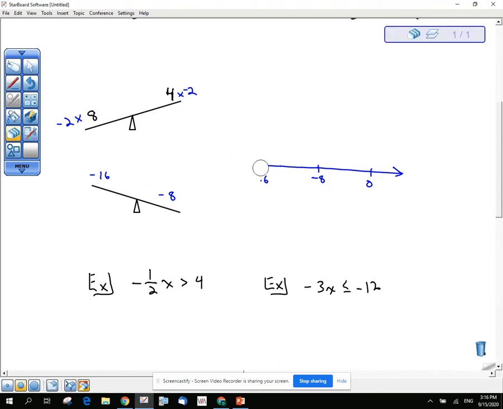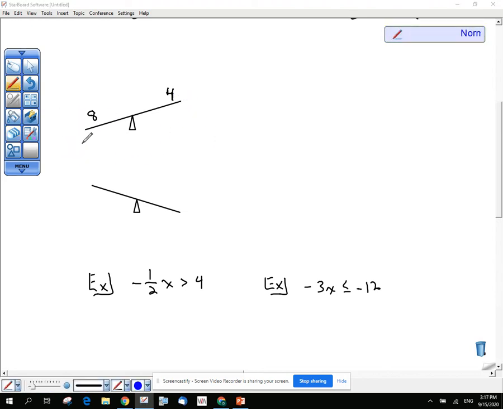And here's the thing. No matter what number you pick, if it's negative, and no matter which operation you choose, division or multiplication, the sense of the inequality will switch. Here's another reason why. Think of this. 5 is greater than 3. Isn't that true? 5 is greater than 3.